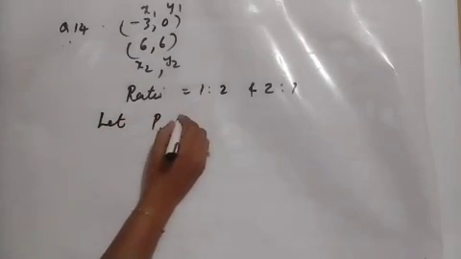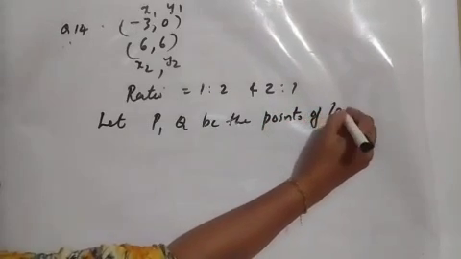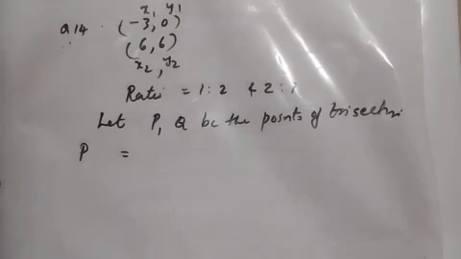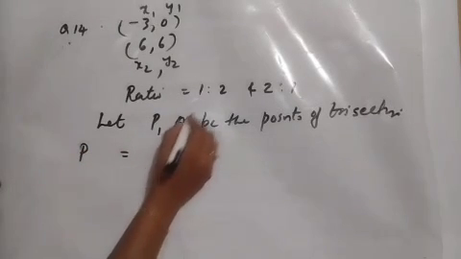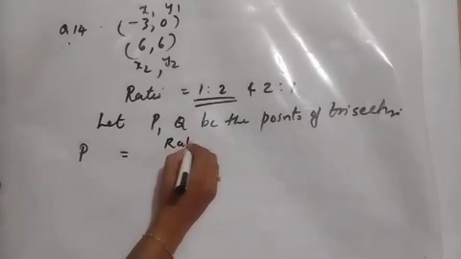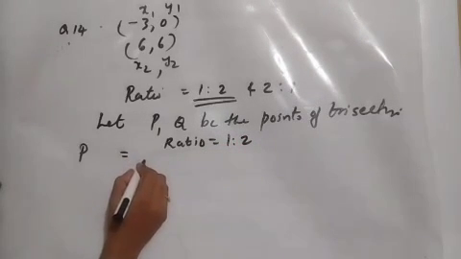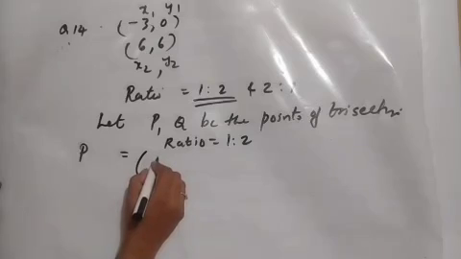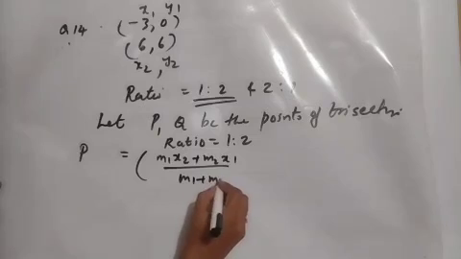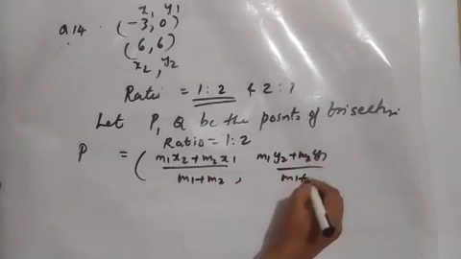Let P and Q be the points of trisection. To find P, how can we obtain P? Yes, the ratio is 1:2. Finding P means m1 x2 plus m2 x1 by m1 plus m2, and also m1 y2 plus m2 y1 by m1 plus m2.